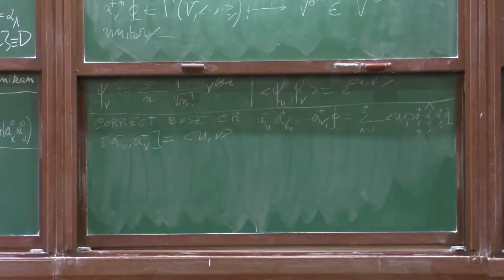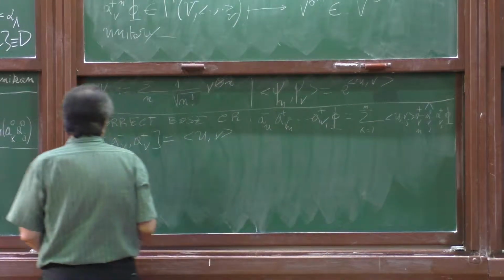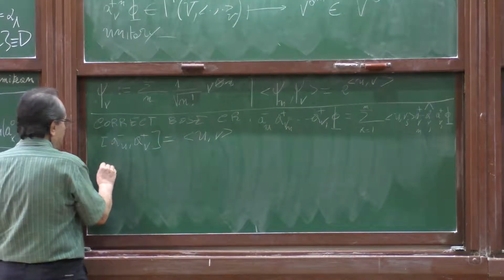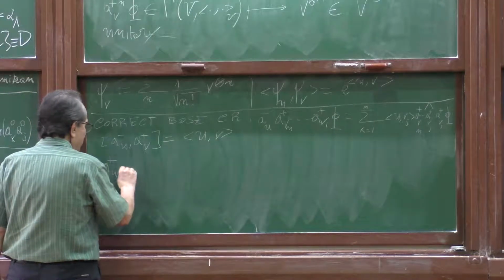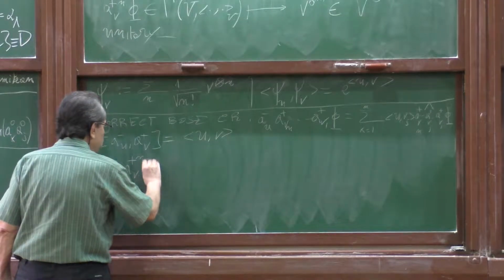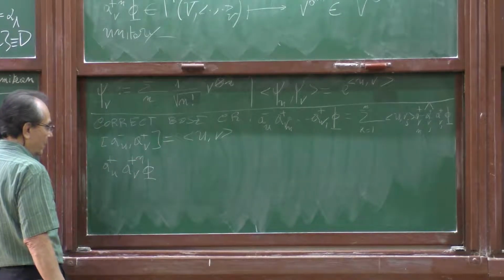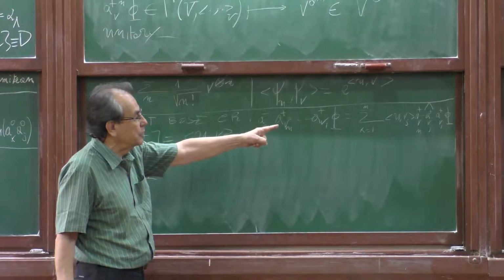Okay? But how about the homogeneous tensor product? If you compute now with the new definition, you have A dagger U A dagger N V phi. Then you compute with this definition.